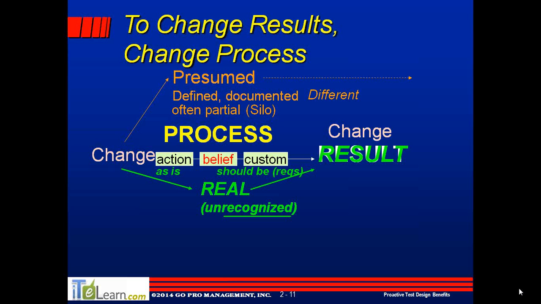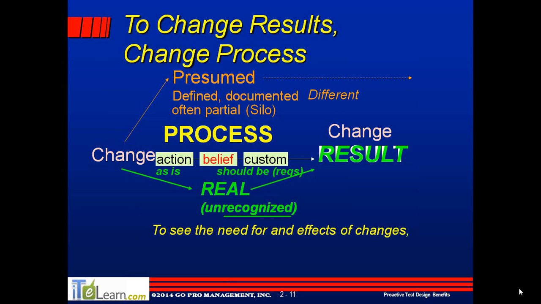Because of that, when people act as if they're in a silo, which happens in organizations, they tend to view things out of context, and they get an inaccurate picture of what's going on. In other words, that's a form of a presumed process that often is different from the real process.